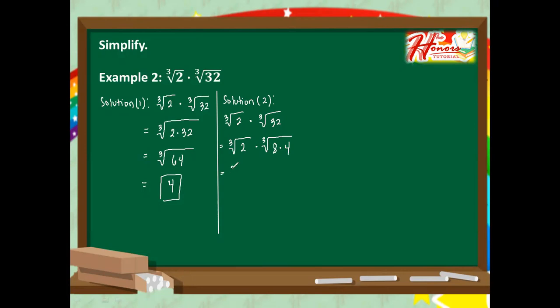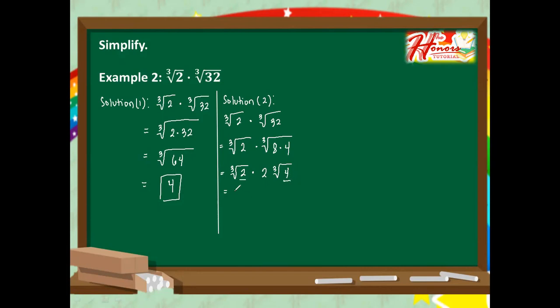So let's copy cube root of 2 times cube root of 8, that's 2 because 2 times 2 is 4 times 2, that's 8. So we have here 2 and then copy cube root of 4. Since we have here the same index, the same cube root, so we can multiply 4 and 2.